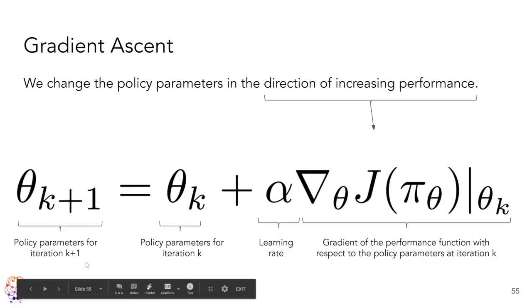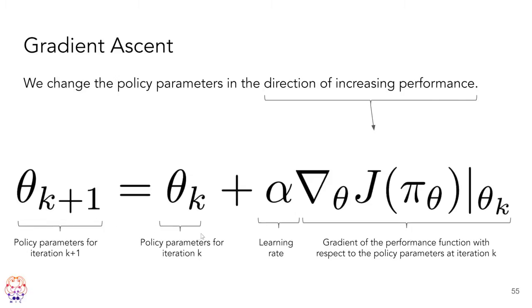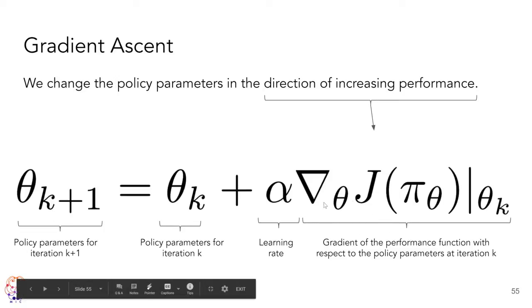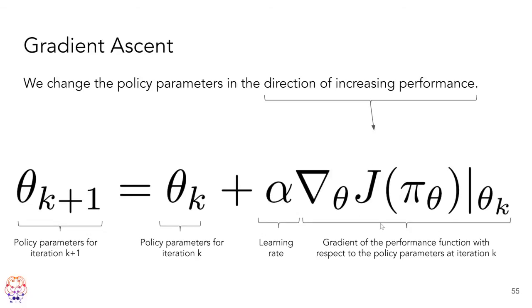As I said before, the parameters at the next step equal the parameters at the current step plus some small learning rate times the direction of increase. So this is the gradient, and we take that with respect to the parameters of the policy of the performance function of the policy function.